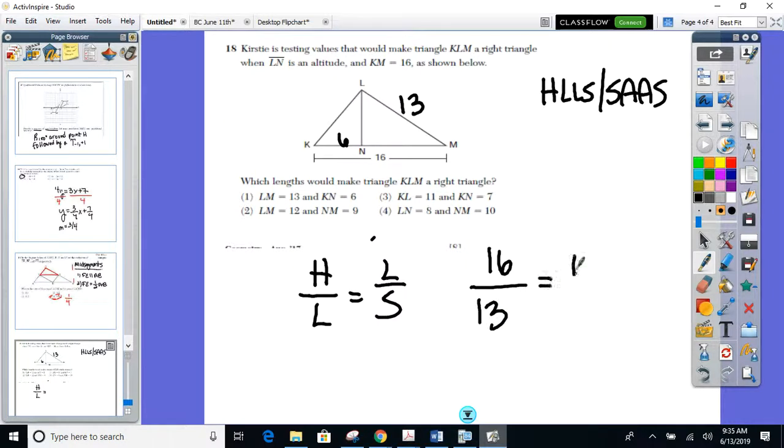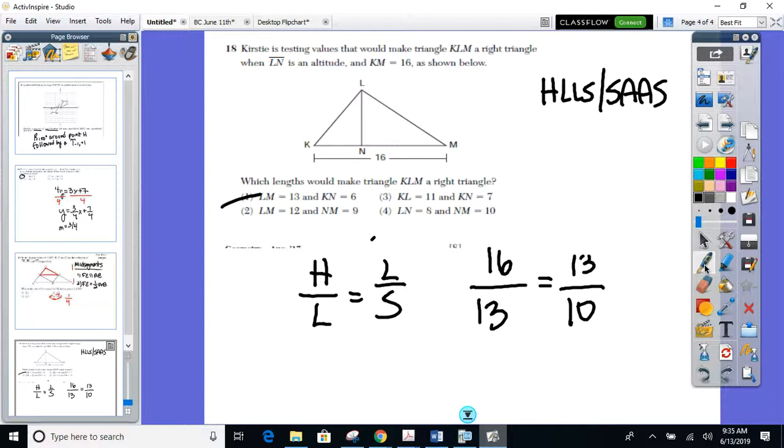Is that equal to 13 over, what segment would I use here? Not 6. Because I want the segment next to 13, so I would use 10. And I cross multiply and see if they're equal. Does 13 times 13 equal 16 times 10? And the answer is no. So I'm going to keep trying.